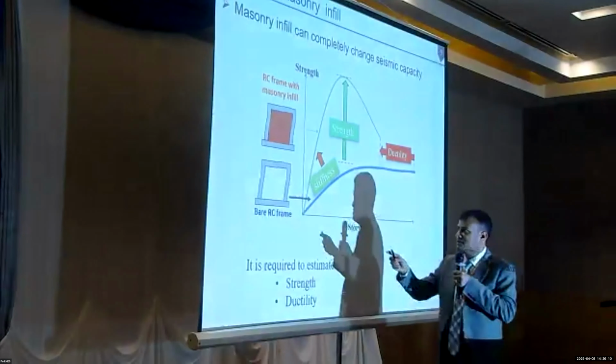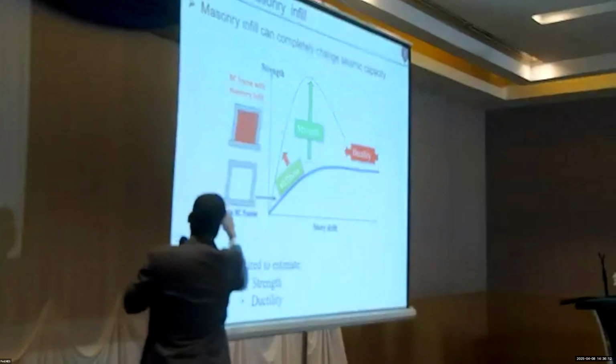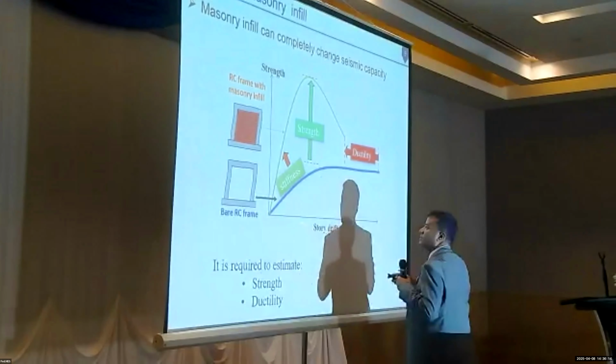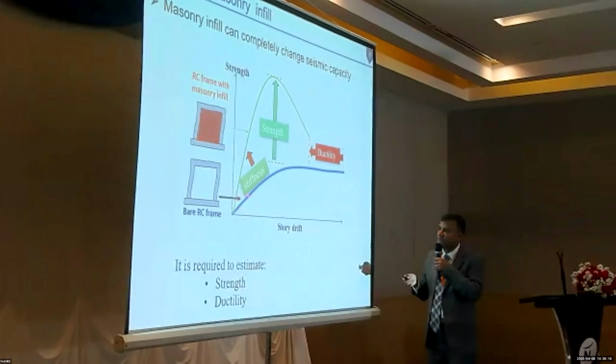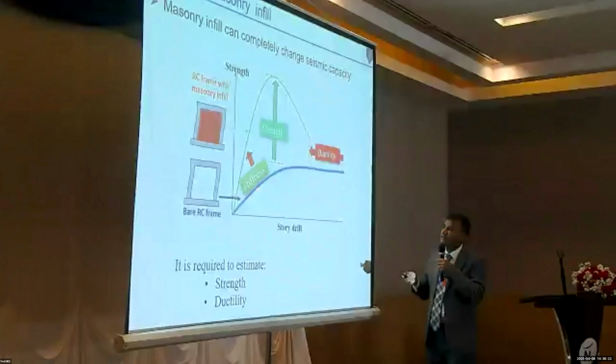This one. So maybe because when we design a building, we just consider a bare frame, right? In the case of a bare frame, if we push here, like an earthquake push, this is the common behavior, like strength and ductility.